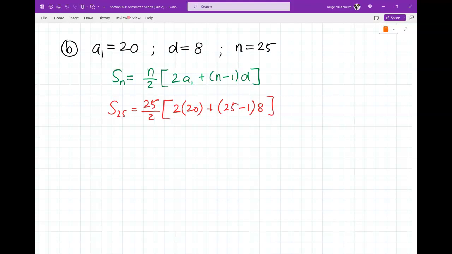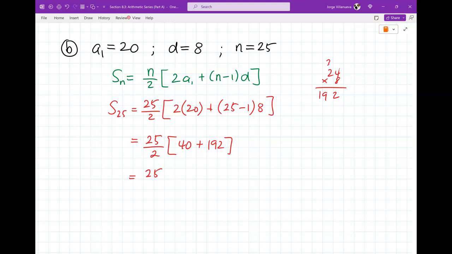Okay, so S sub 25, that's going to be 25 over 2. That doesn't divide nicely, so I'm not going to try to break it down to 12.5. I'll just leave it like that. 2 times 20, that's 40, plus 24 times 8. What do I get for 24 times 8? That'd be a 32. So 16, 17, 18, 19, so that's 192.